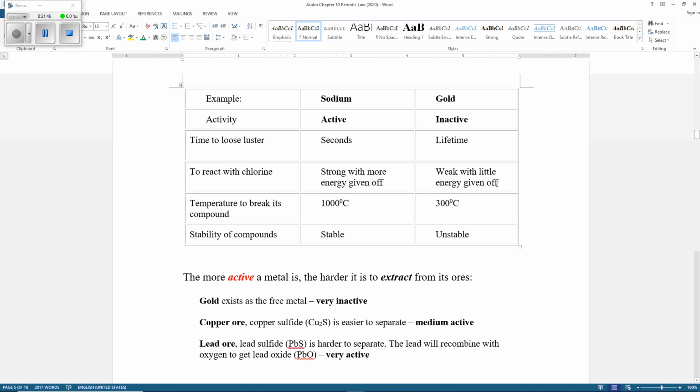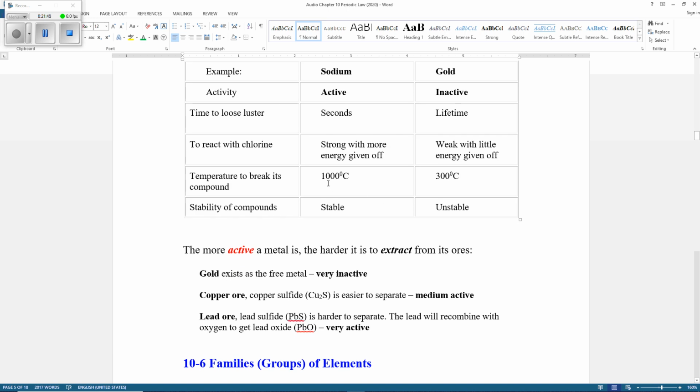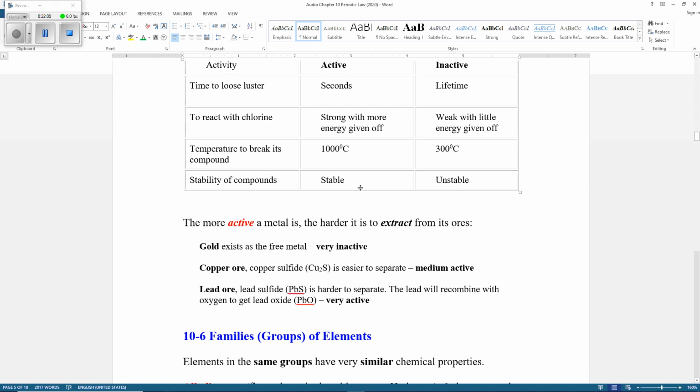So after making the compound, because it's so strong, we need a higher temperature to separate the compound of the active one. And for gold, the compound is not very strong, so you just need 300 degrees to separate. So usually, active elements make very stable compounds, and inactive elements make unstable compounds.